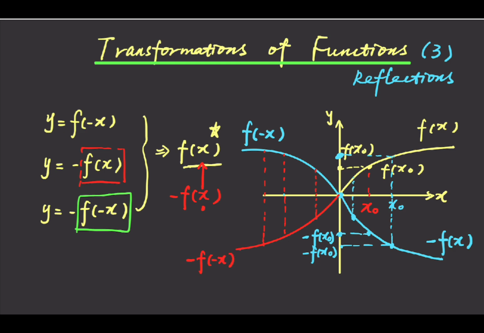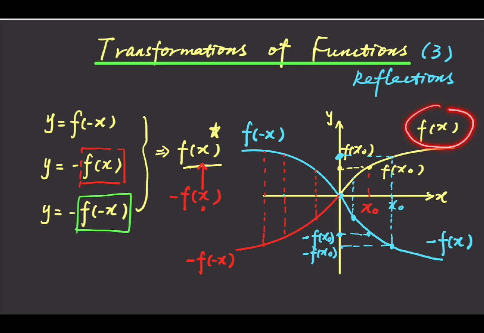Okay, so this transformed function should be the reflection of this function's graph in the x-axis. This function's graph should be the reflection of this original function in the y-axis. Okay, this is the relationship between the original function f(x), f(negative x), negative f(x), and negative f(negative x).